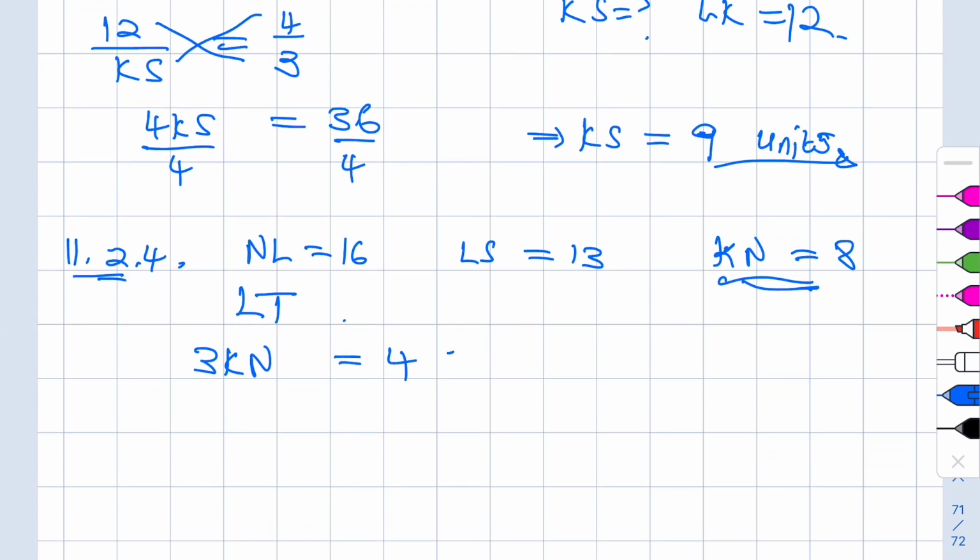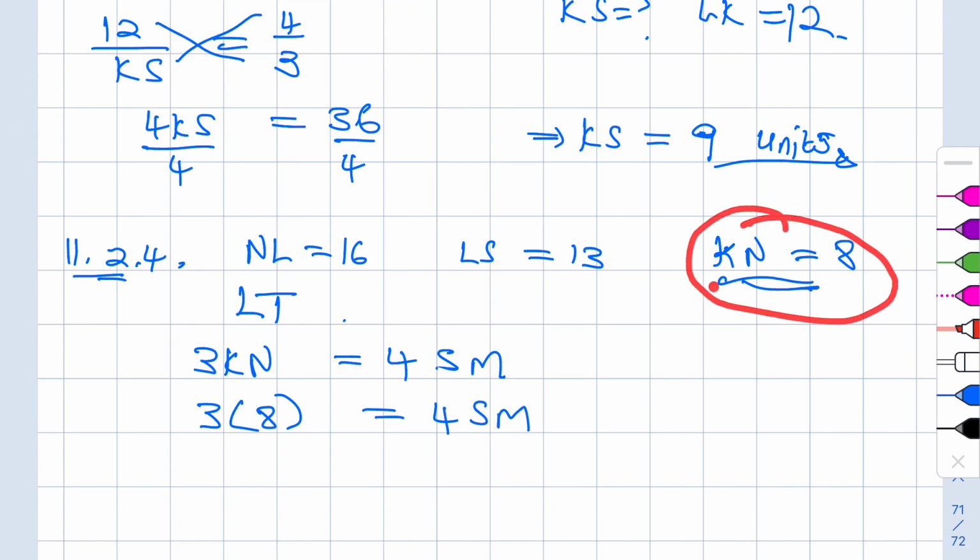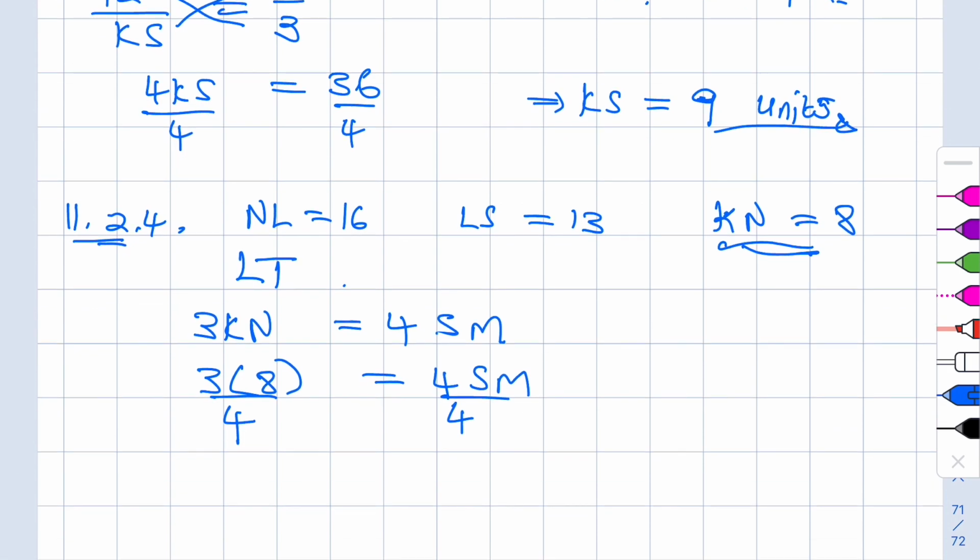Let's substitute: 3 times 8 is equal to 4SM. 8 is the given length of KN. Then just divide by 4. 3 times 8 is 24. Divide by 4, that will be 6. So SM is equal to 6.